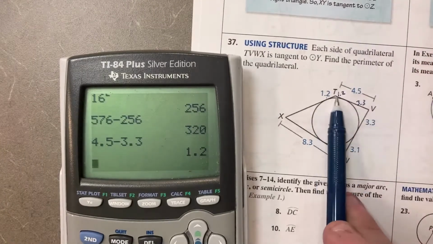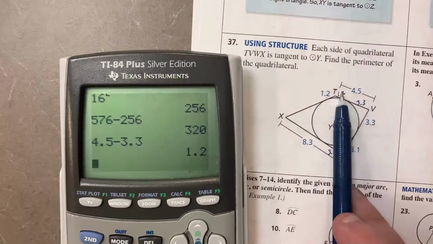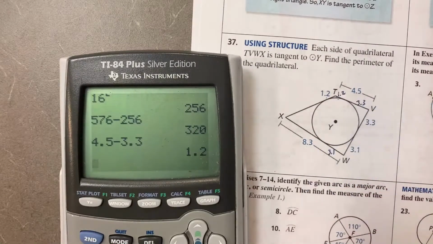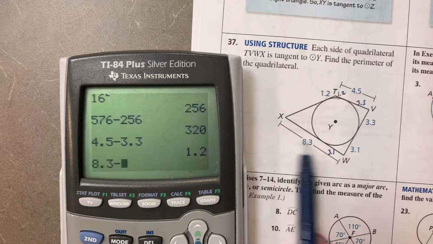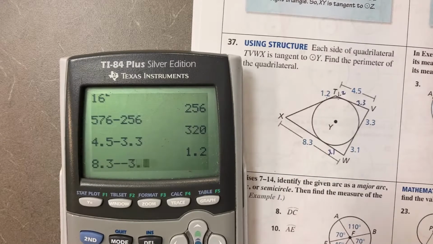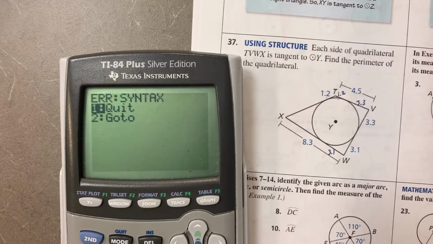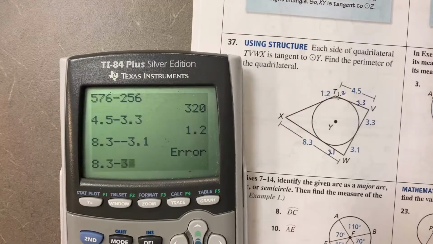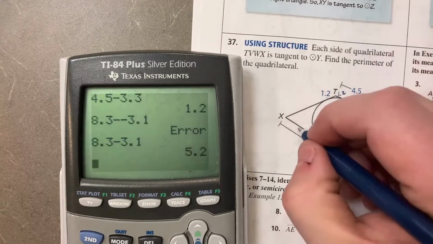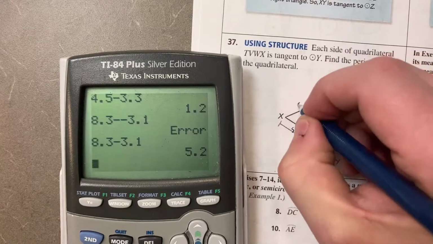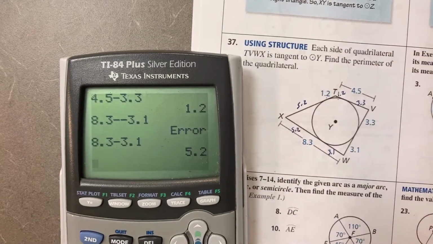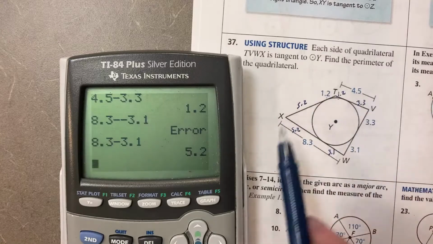All right, that works out. 1.2, 1.2. It's a little check there. Take your 8.3 and subtract 3.1. Whoops. Yeah, 8.3 minus 3.1, 5.2, which makes this 5.2, which makes this 5.2. And I think that's everything you need to figure out the perimeter of that shape.